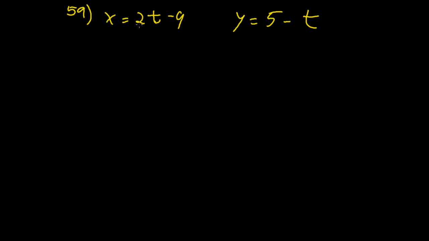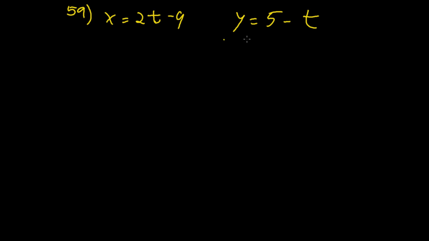So they want an equation that has y solved for, but in terms of x. So we have two equations and three variables. So we can solve for this. We can solve for either equation in terms of t, and then plug that value into the other t, and then we'll have just the x and y variables. I'll show you what I mean.